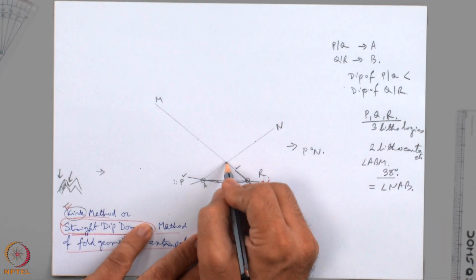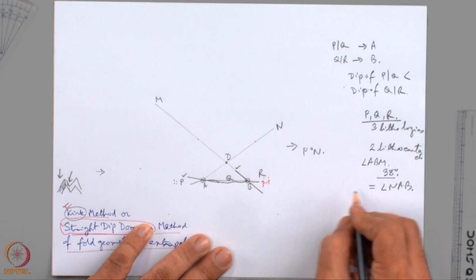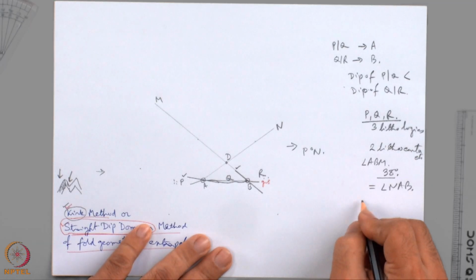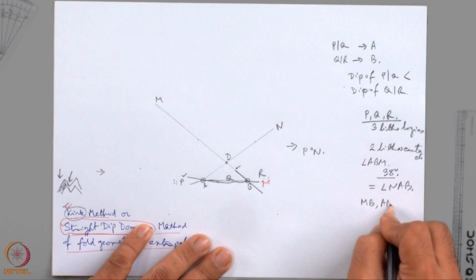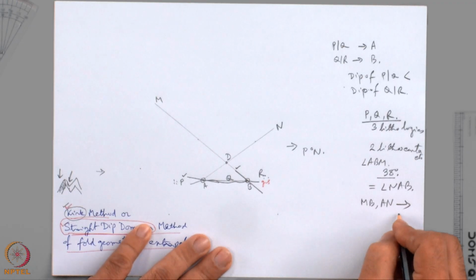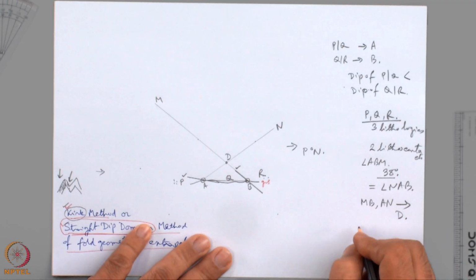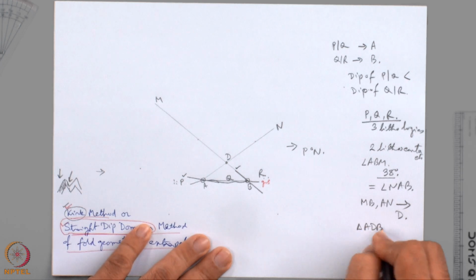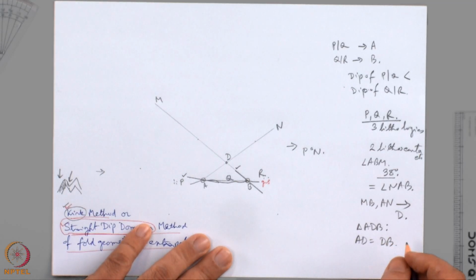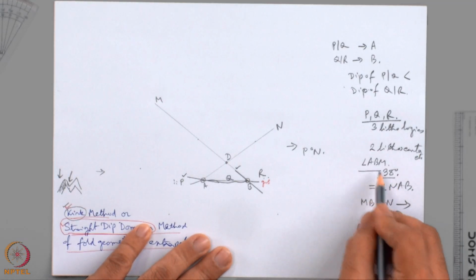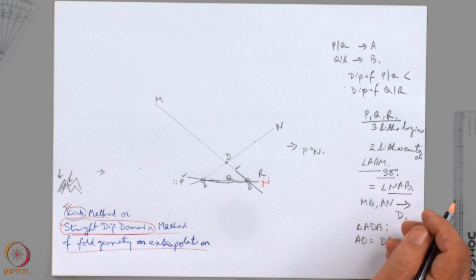We have obtained a point D. Point D is the intersection between the line MB and AN. So, we can say from the triangle ADB that the AD length is equal to the DB length, because these two angles are the same.